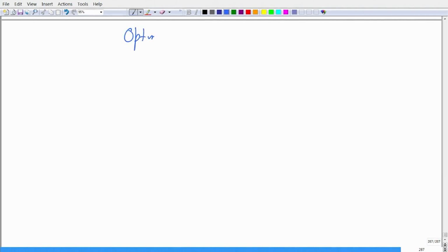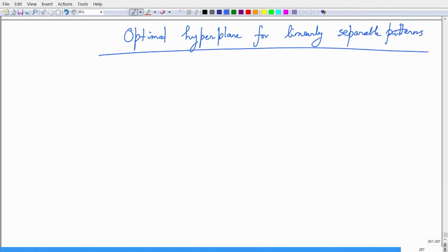So, let us discuss the geometry of this problem, right. We want an optimal hyperplane for linearly separable patterns, right. This is our objective. And what are we given? We are given data which comprises our training samples.